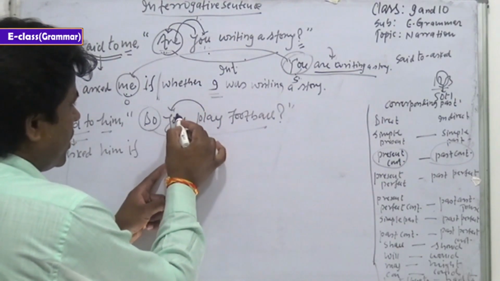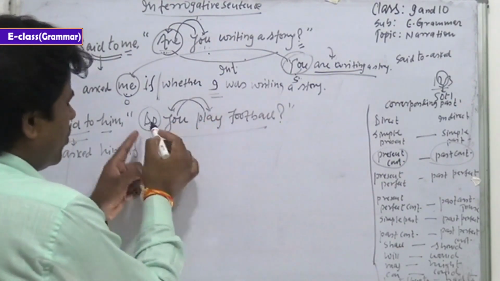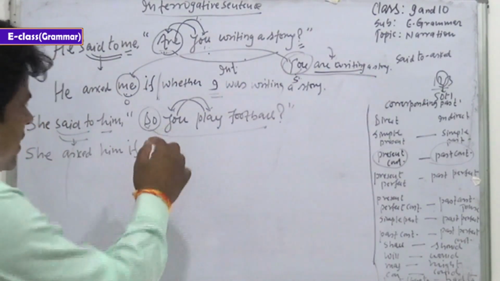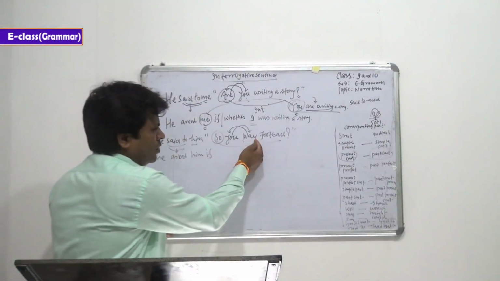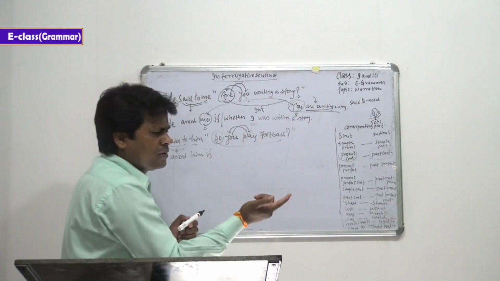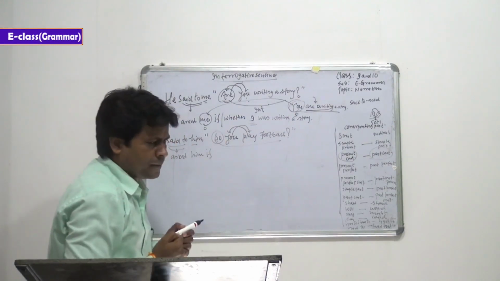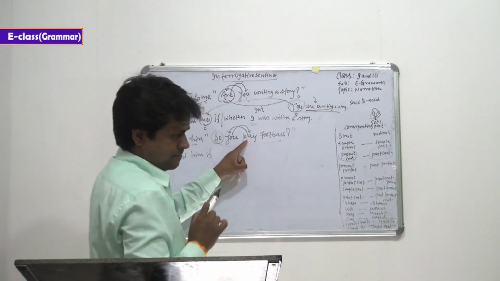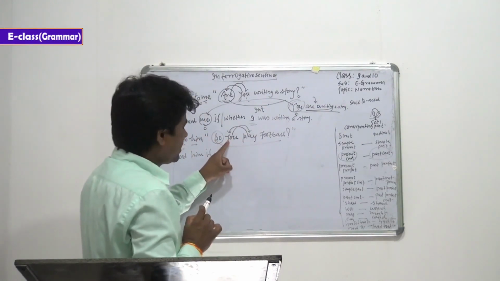Play comes here, you goes here. We will omit this. Or you may write you do play. You do play means you play. So what to write to do here? Do means the verb is to be in V1. So what is this statement?